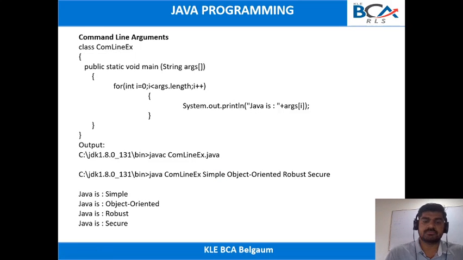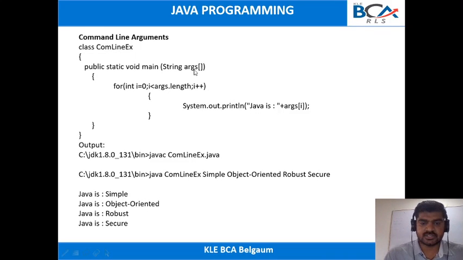Here we are passing 4 parameters: simple, object oriented, robust and secure. These are the 4 parameters that we are passing through the command prompt. All these 4 parameters will be stored into this string array.